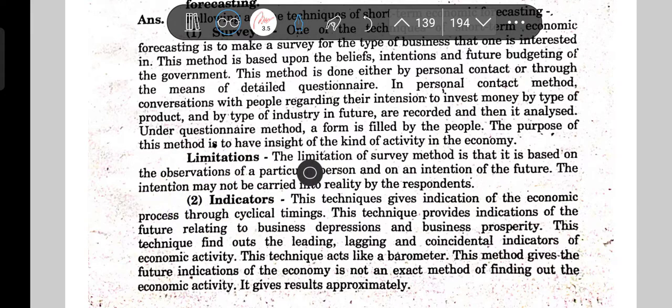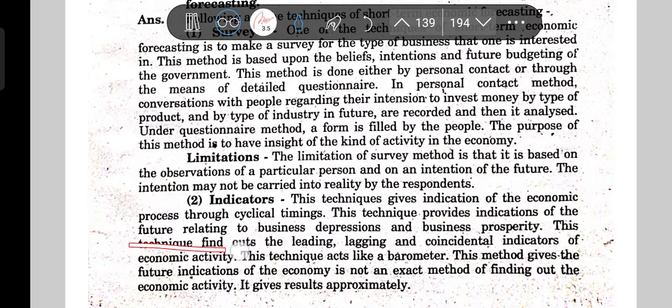Then comes indicator. There are three major indicators: leading, lagging and coincidental. It gives indication of the economic process through cyclical timing. You need to remember that, and this technique provides indication of the future relating to business depression or business prosperity.